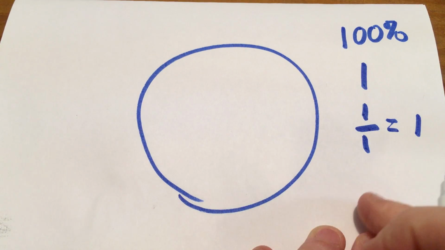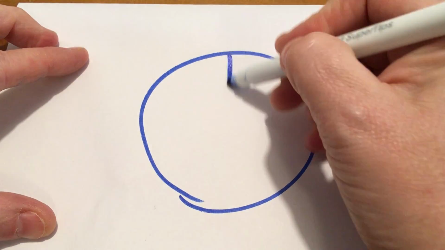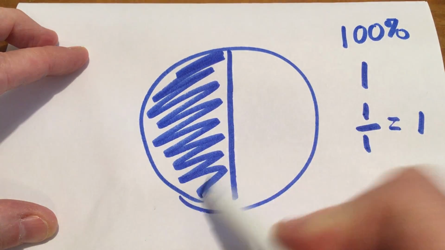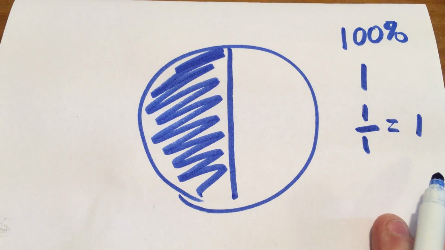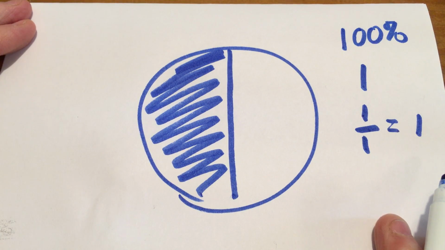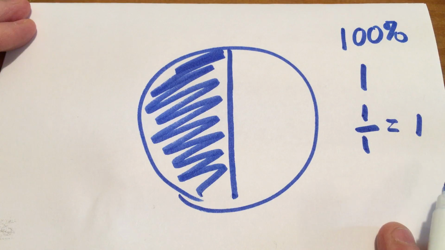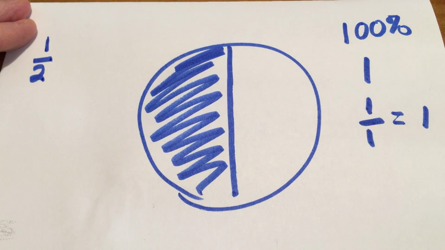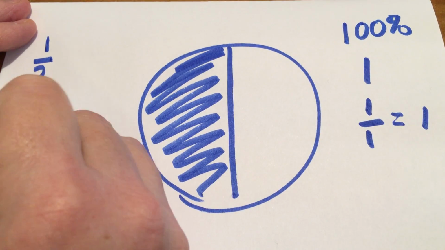Now, let's cut this circle in half, and let's shade in half of that circle. Now we've taken this whole and we've cut it into 2, and we've given it 2 parts. We've shaded in 1 of the 2 parts. So that becomes our fraction. It's 1 of 2 parts is shaded. When we're talking about a decimal, we know that this is 50%.